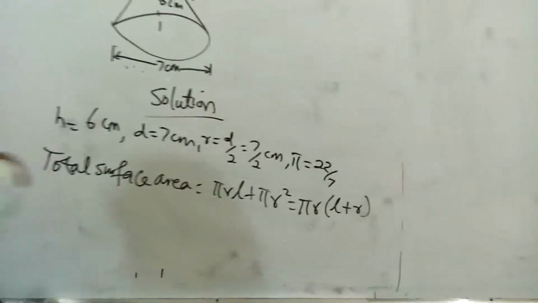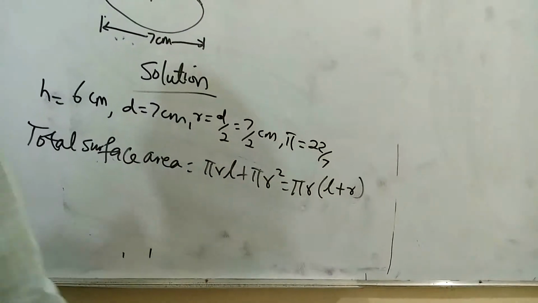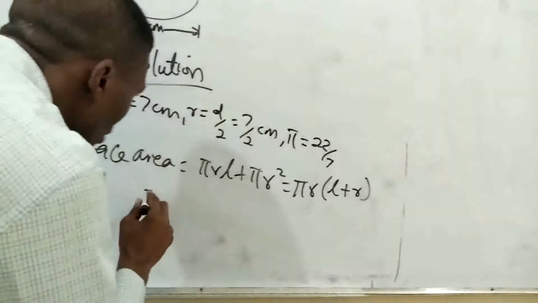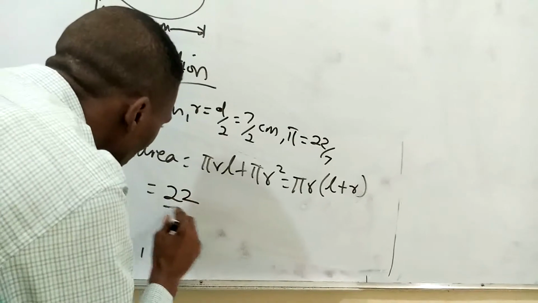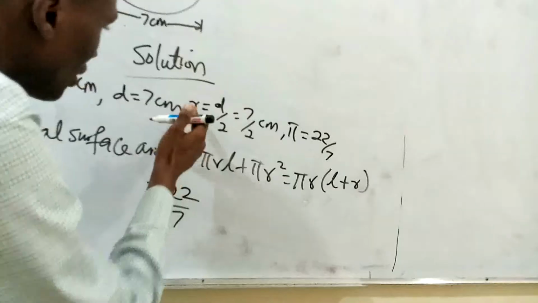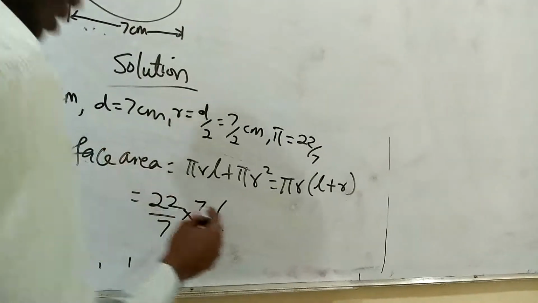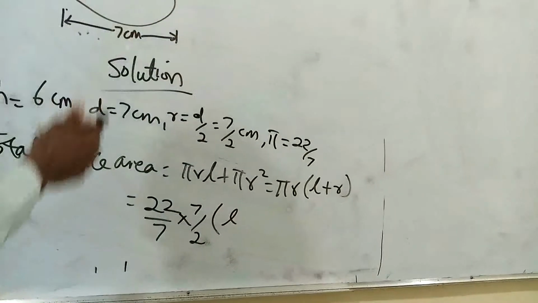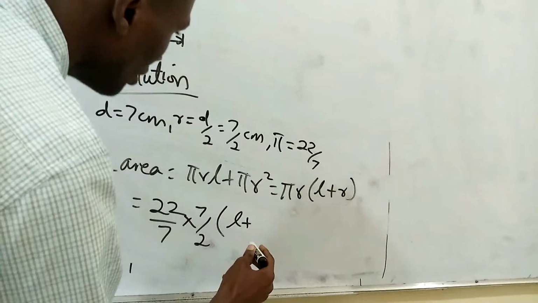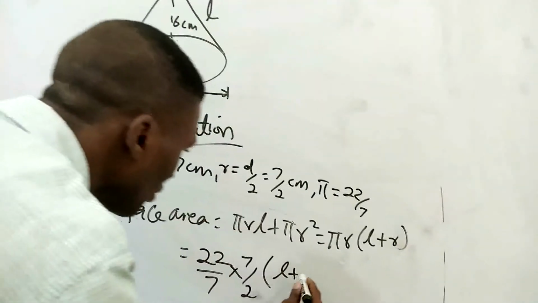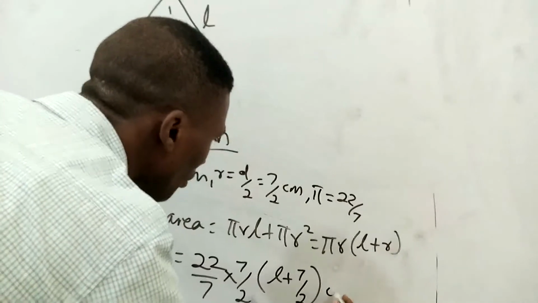So pi is 22/7 times our radius of 7/2 into brackets L, our slant height, plus r, where r is 7/2.